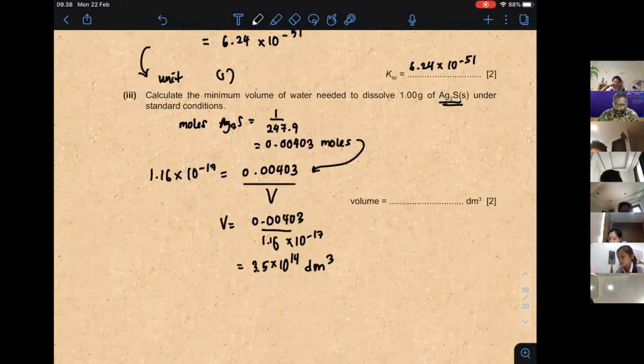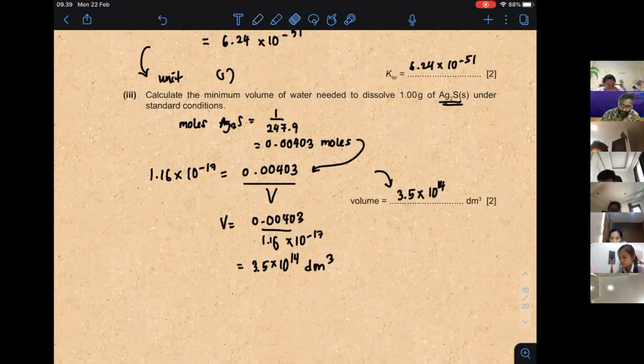They didn't tell what the significant figures should be, but the data that I have over here is in 2 significant figures. If you have 3 significant figures, then please include them. So here I will write down 3.5 times 10 to the power of 14. The important thing is I am going to use solubility, so the data here, then you will calculate the volume.